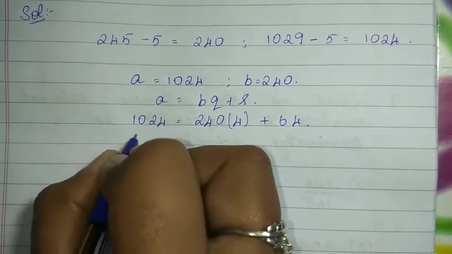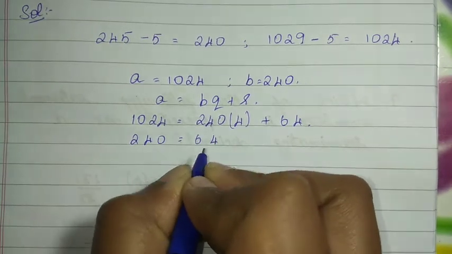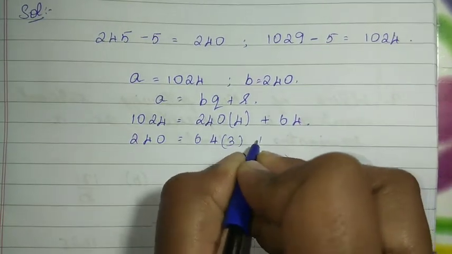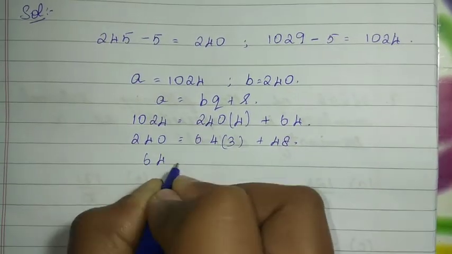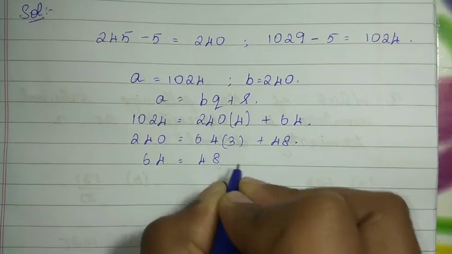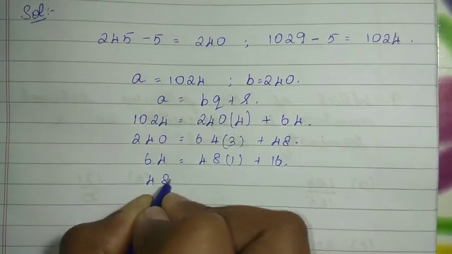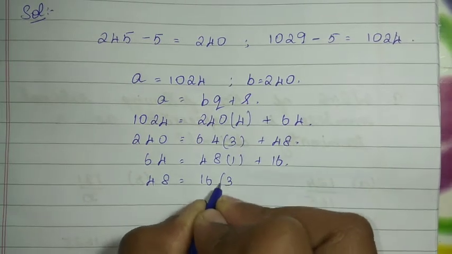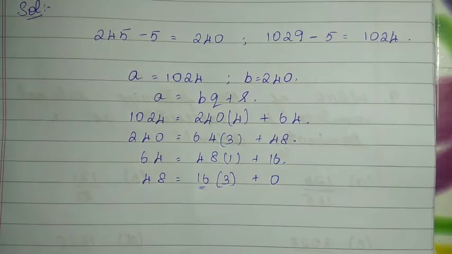So now I will be taking 240 is equal to 64 into 3 plus 48. So now I will be taking these two. So 64 is equal to 48 into 1 plus 16. So 48 is equal to 16 thrice is 48. So this leaves a remainder 0. So my 16 is the HCF.